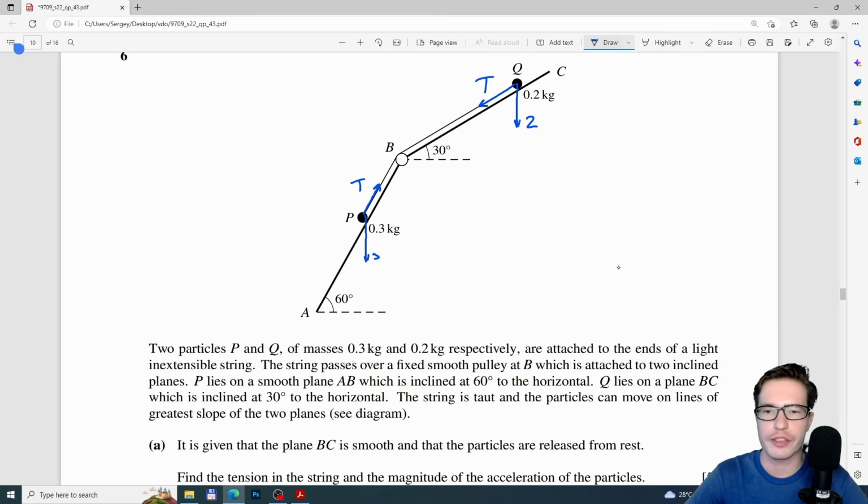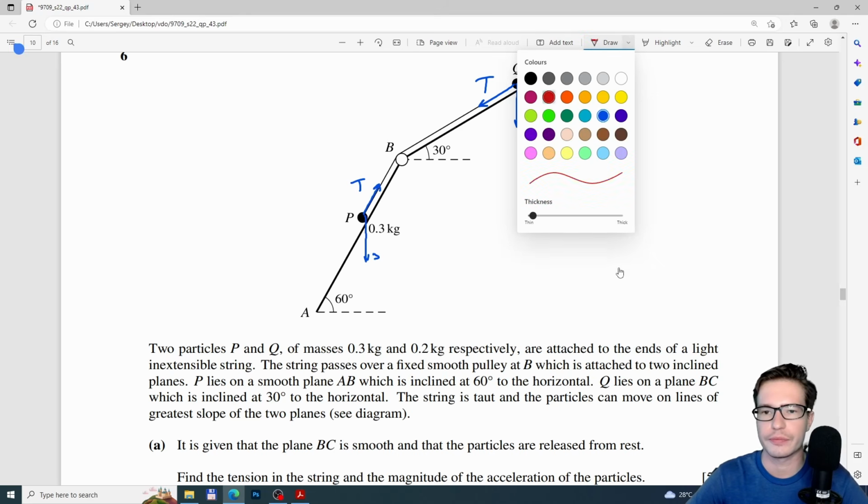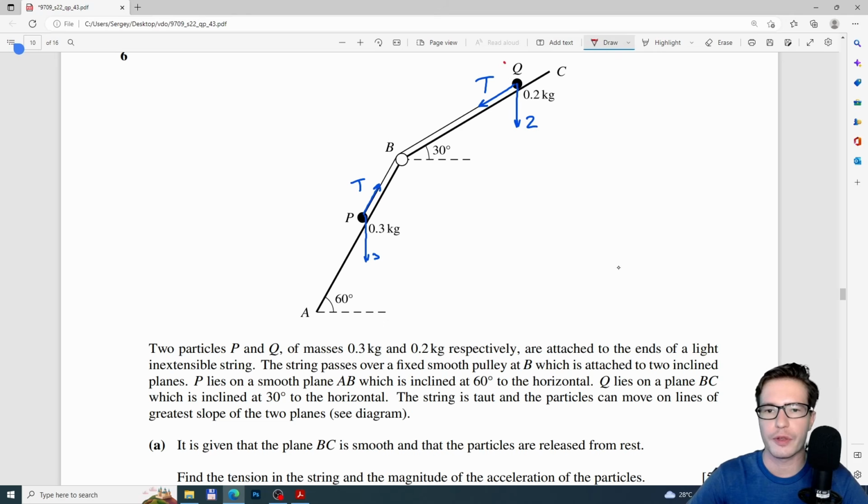And let's choose x and y axes. For particle Q, I will choose y upwards, and then x is going to be that way. For particle P, y is this way, and then x is going to be down.